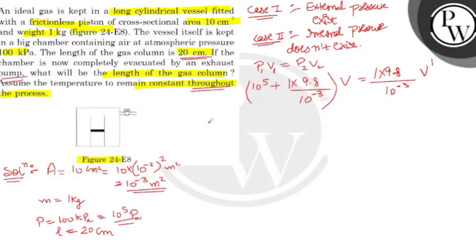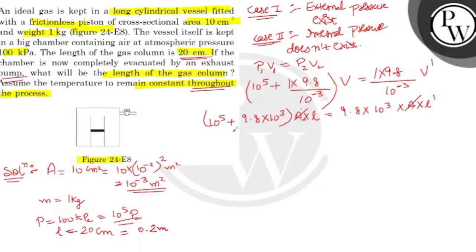So this one is 10 power 5 plus 9.8 into 10 power 3, and volume is area into length. So 9.8 into 10 power 3 into area into L dash. Length will change, and area is cancelled out. The value of L is 20 centimeter; we convert into meter, it will become 0.2 meter.